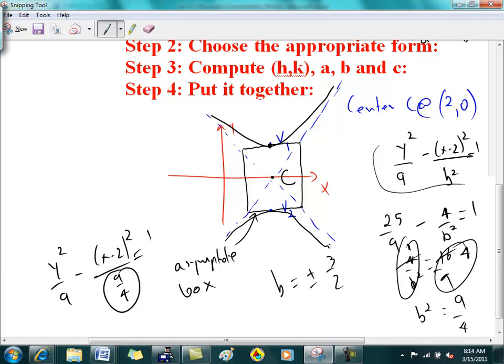Everybody see how to draw a graph nicely? Now do you see what the relevance of b is? It essentially defines the asymptote box. So a and b define the asymptote box. In this case, a is along this direction and b is along the other direction.